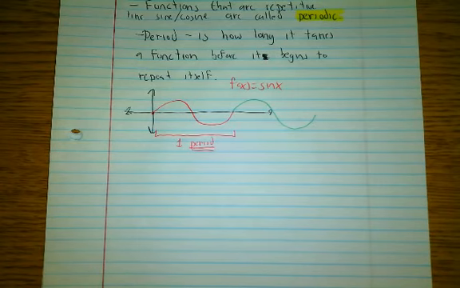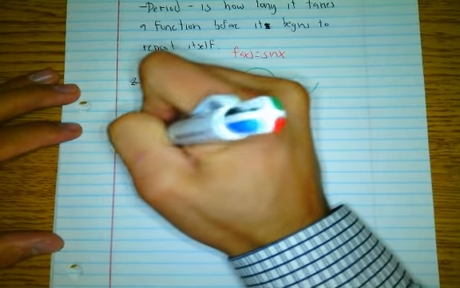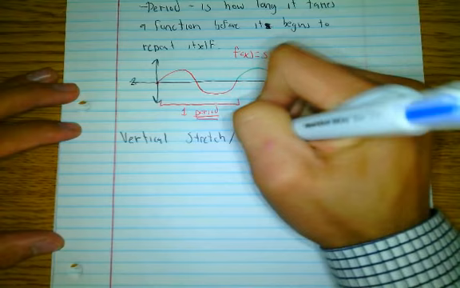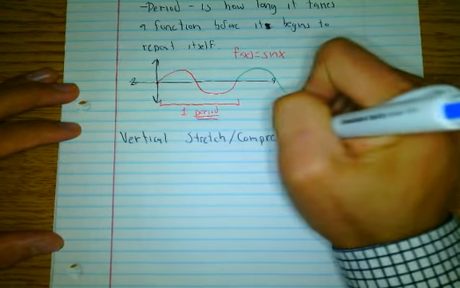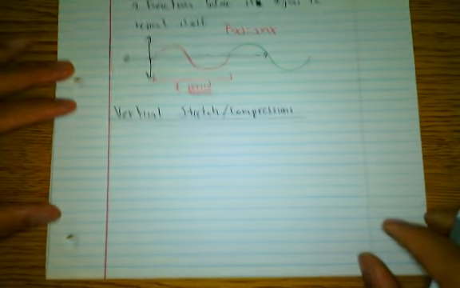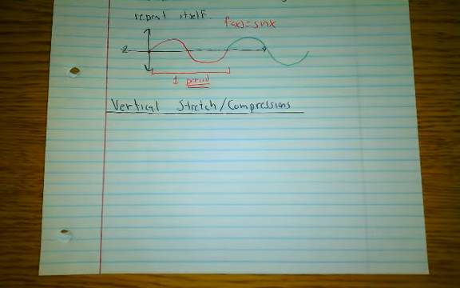Ready for the transformations part of it? Let's do this. Vertical stretches and compressions. You told me that we have f of x equals a, bx, plus or minus c, plus or minus d.